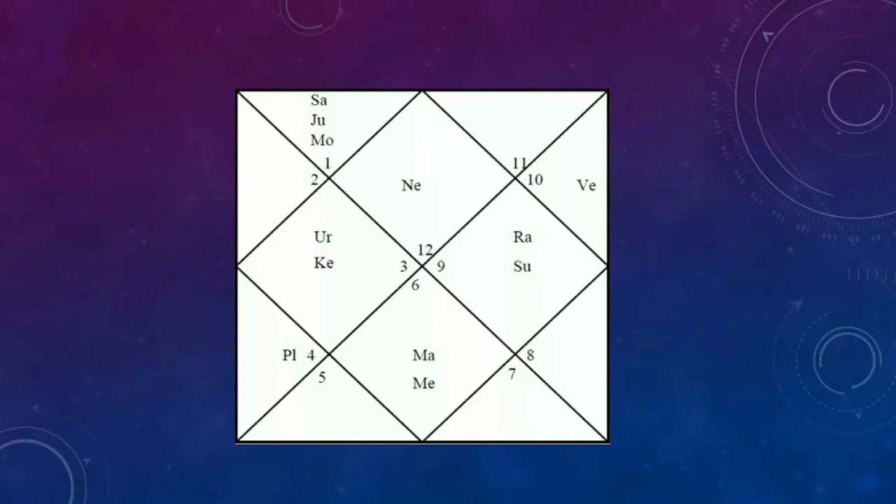And even in her D9 chart, the Moon is debilitated, and even in the D1 chart, Moon is placed with planet Saturn. So yes, you have to relate all these charts, and then you can come to a conclusion. So finally you are aware how to analyze your D60.